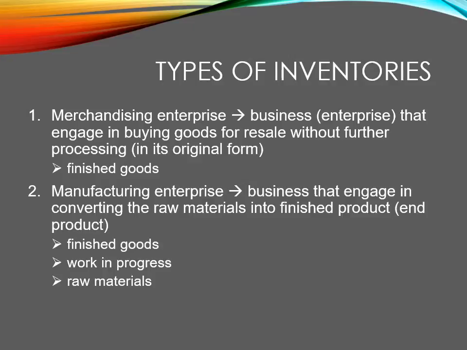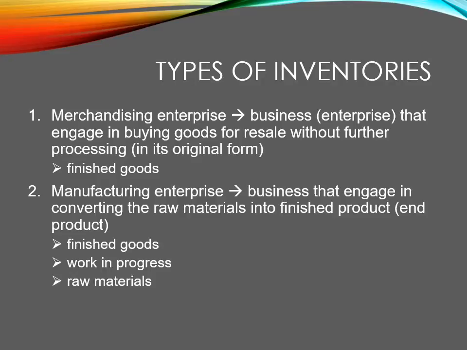And another inventory will be called raw materials. So these three types of inventories are more regarding the manufacturing enterprise. You will cover this when we learn the subject of FAR 160.